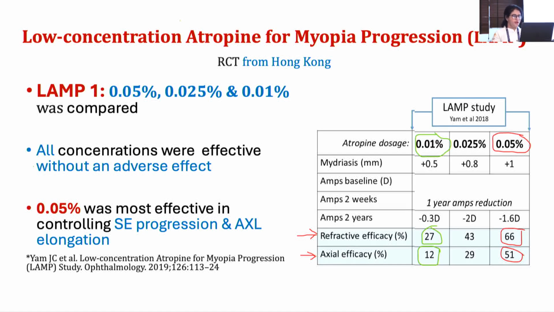Then came the lower concentration atropine studies, that is the LAMP studies. In LAMP 1, they compared further lower concentrations, that is 0.05, 0.025 and 0.01%. And it was found that all concentrations were effective without much side effects. And 0.05 was the most effective in controlling spherical equivalent progression and axial length elongation.